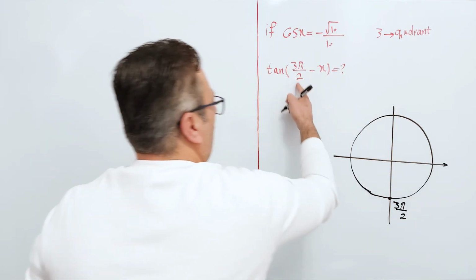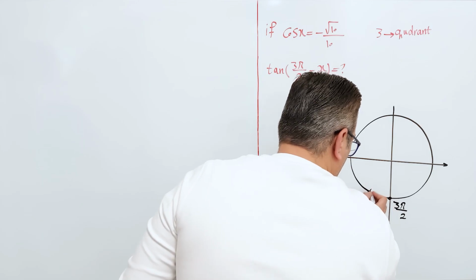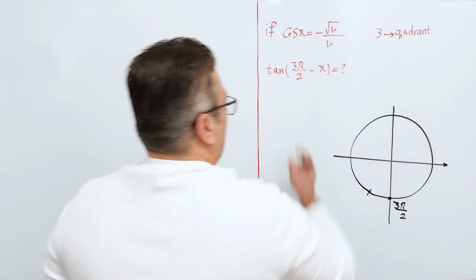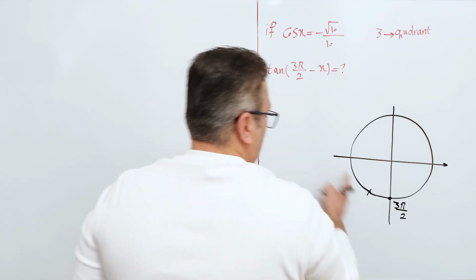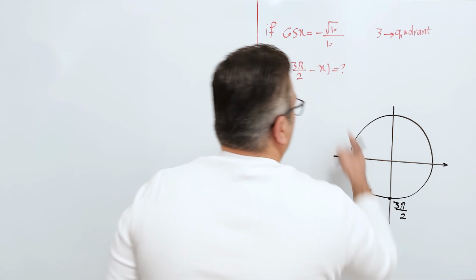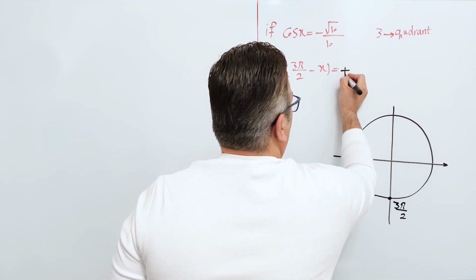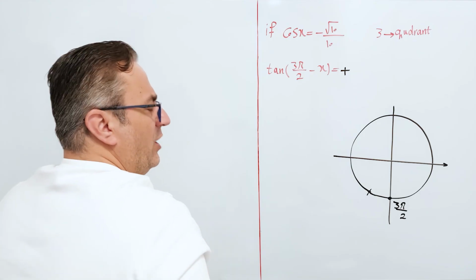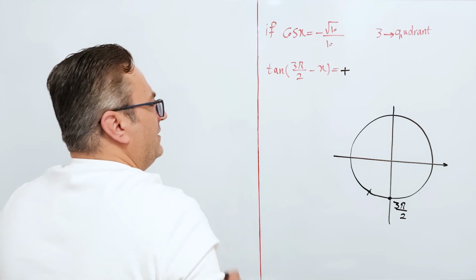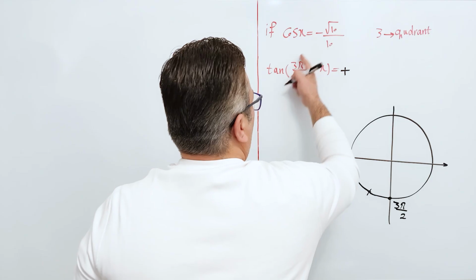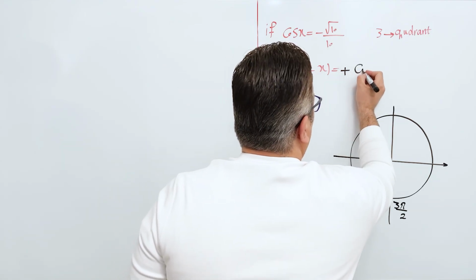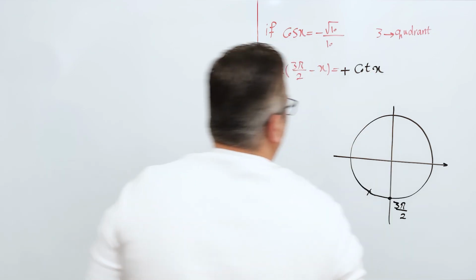So 3 pi over 2 minus x is in the third quadrant. And we know that the sign of tangent in the third quadrant is positive. And 3 pi over 2 is like a cofunction, so tangent of 3 pi over 2 minus x is positive cotangent x.